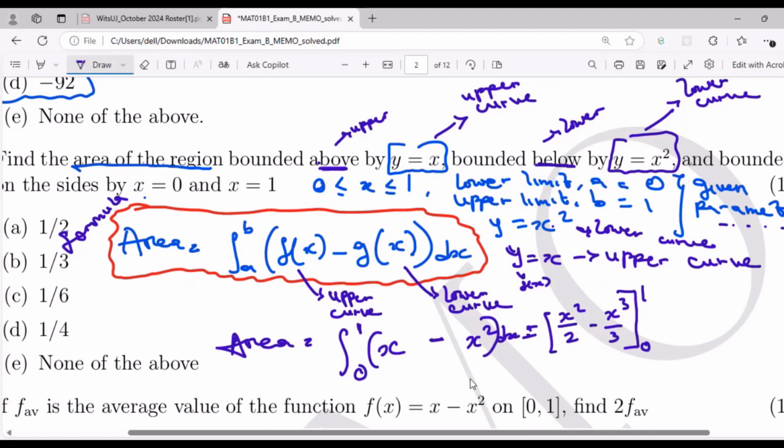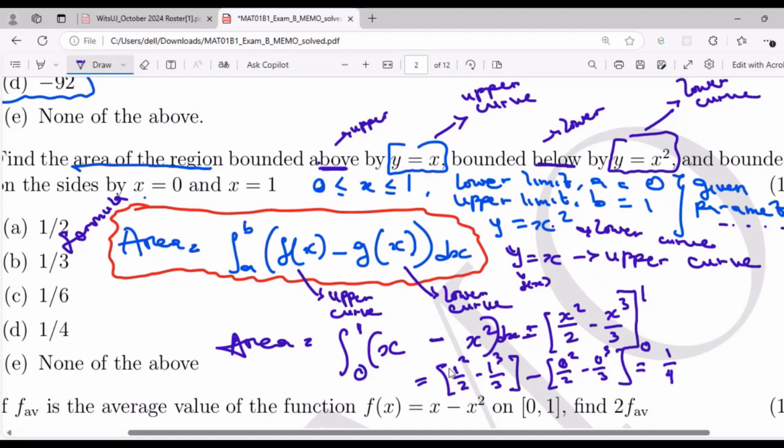So all you need to do is put in 1 squared over 2 minus 1 cubed over 3, minus 0 squared over 2 minus 0 cubed over 3. Everything there will give you 0.